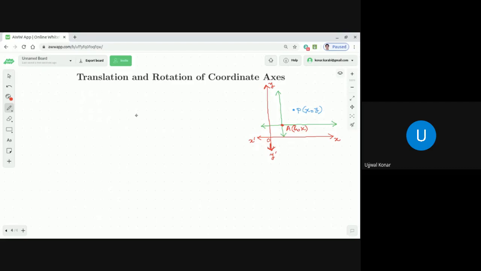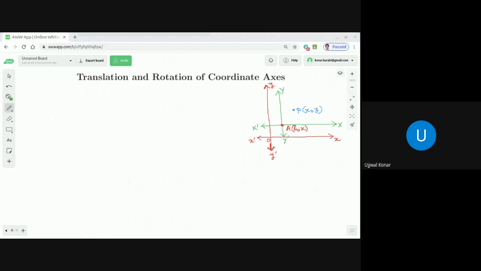But our new coordinate axis, which you see, dear students, in a green color, that is capital X A capital X dash, and capital Y A capital Y dash, as if that A becomes the new origin. Correct or not?